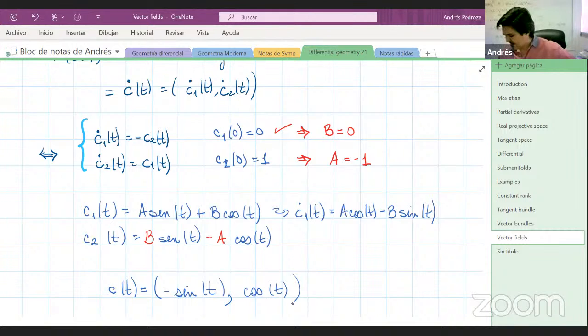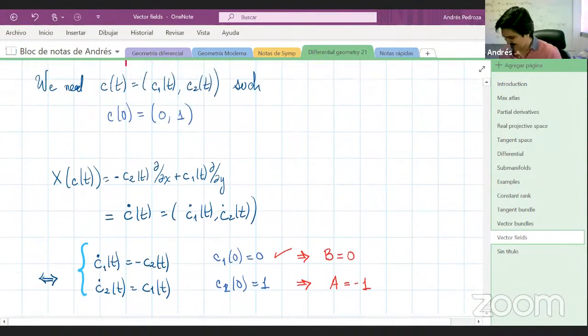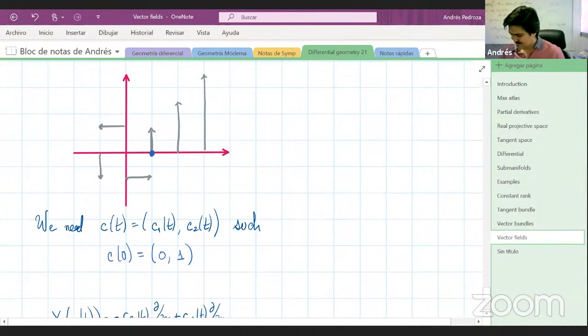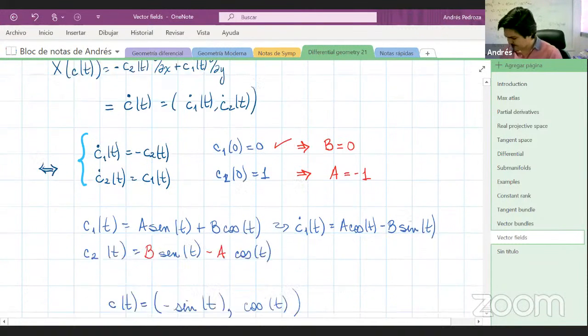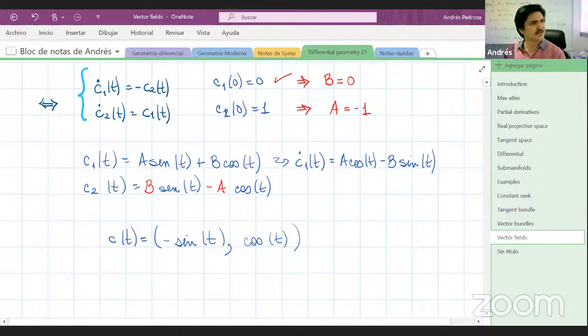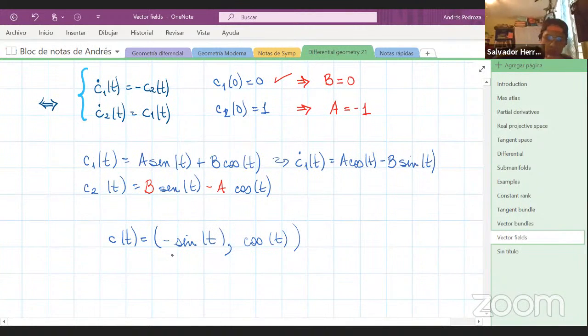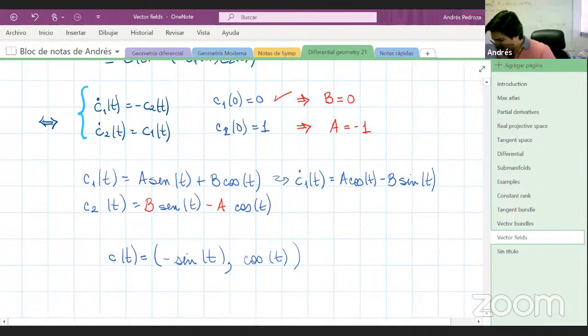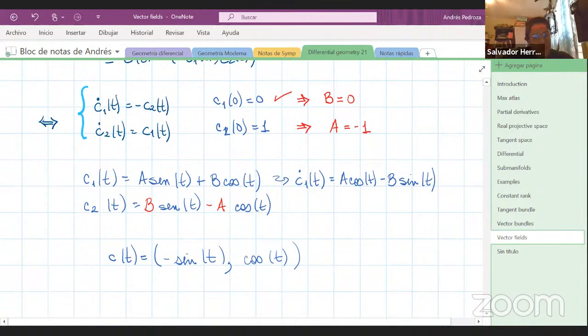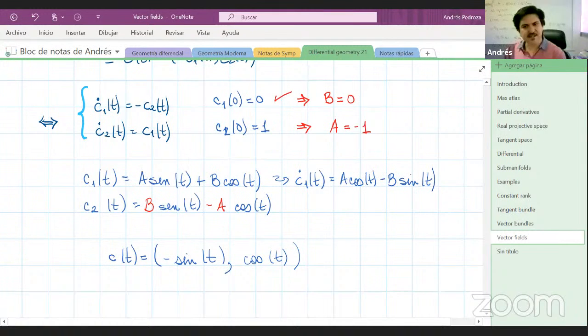I don't know if this is right. The integral curve has to be a circle centered at the origin that passes through the point. In this case, it will be of radius 1. Minus looks weird. Why is that? Sine has to be positive.